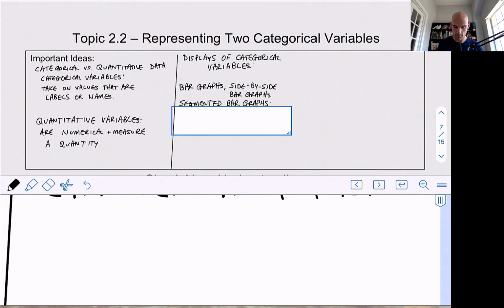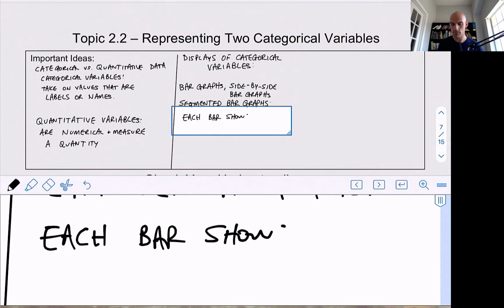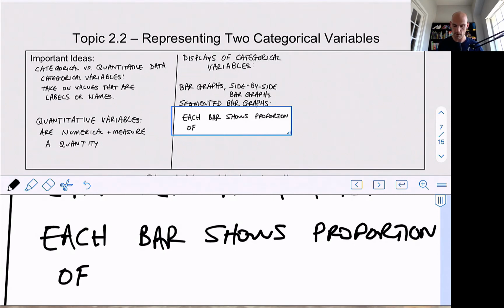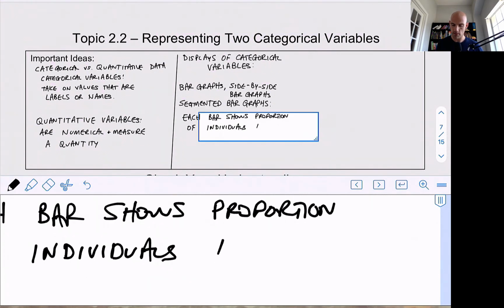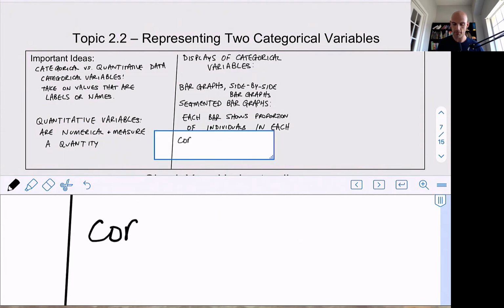So each bar, and this is important, each bar shows not necessarily the number, but the proportion of individuals in each corresponding category.